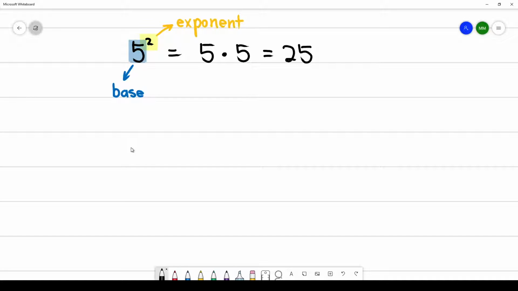So these are what are these? Yeah. So exponent rules.